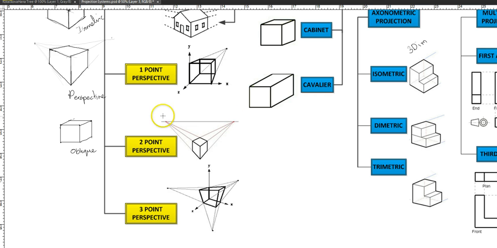And when we get to the 3-point perspective, the object lines are vanishing towards 1, 2, and 3 vanishing points. That's the main difference between 1, 2, and 3-point perspective. Again, when we get to the perspective chapters, we'll be doing perspective drawing, and we learn how to use all these 3 different techniques.